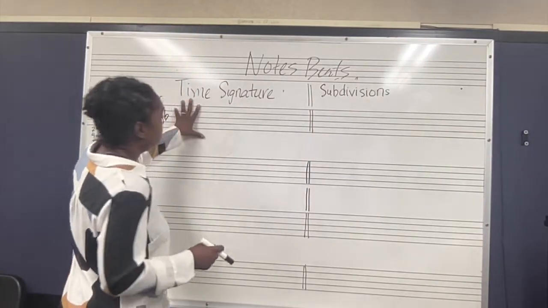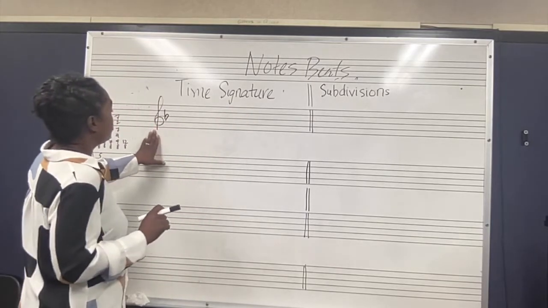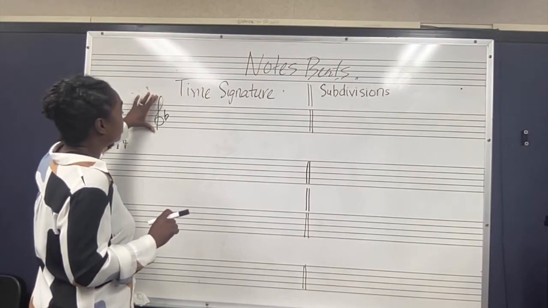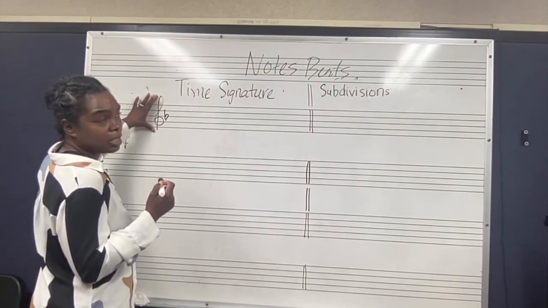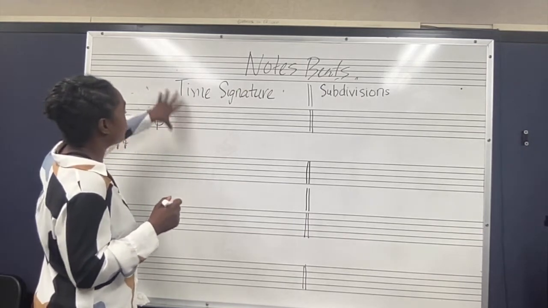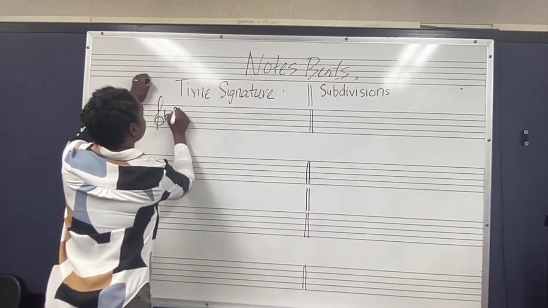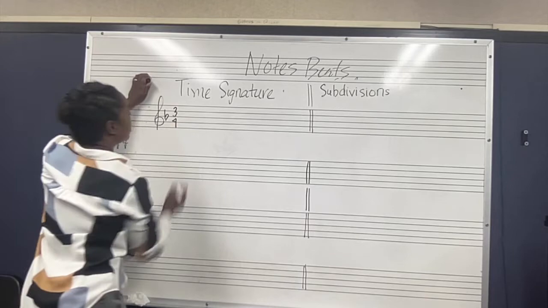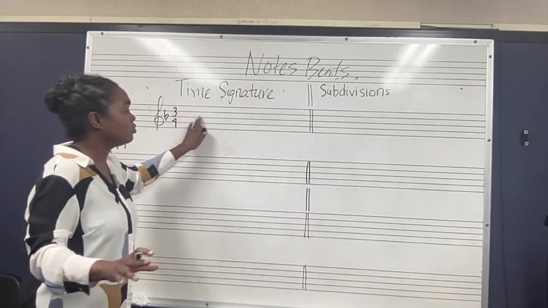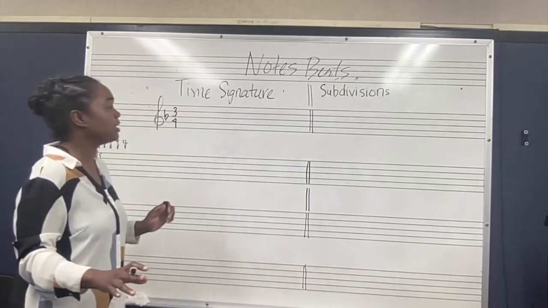So, time signature, just a quick refresher. We know that it goes in sort of the third column. The first thing you'll see is the clef, then we see whatever key signature there would be second, and then our time signature would go here. So say we're in 3/4. We know after talking about it many times that the top number reflects how many beats are going to show up in that measure.